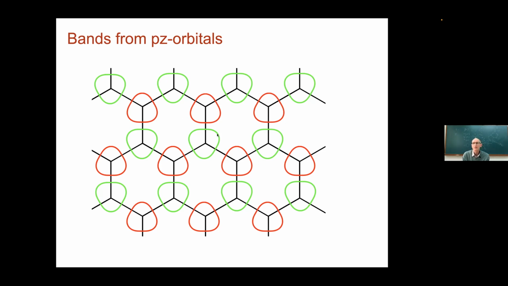And this happens once in a while, that somebody constructs a tight binding model which is not the most general model allowed by the symmetries. And some of the conclusions, for instance, some degeneracies, are really artifacts of the fact that you are leaving out couplings which should be there.